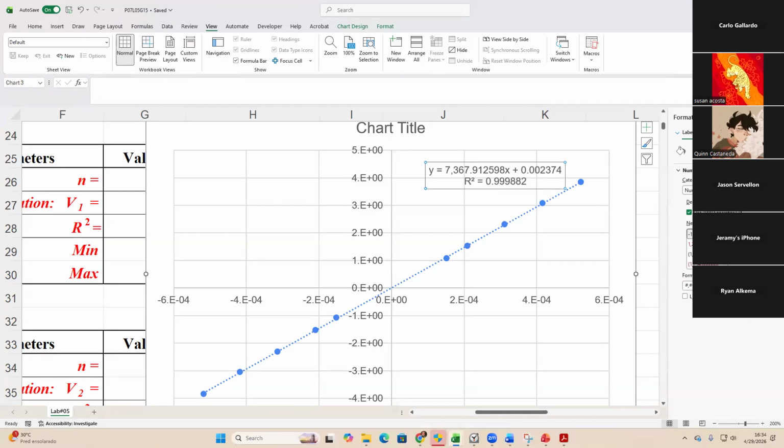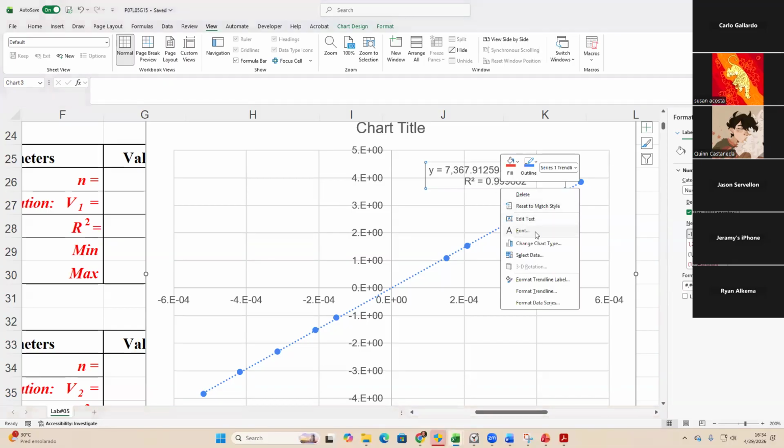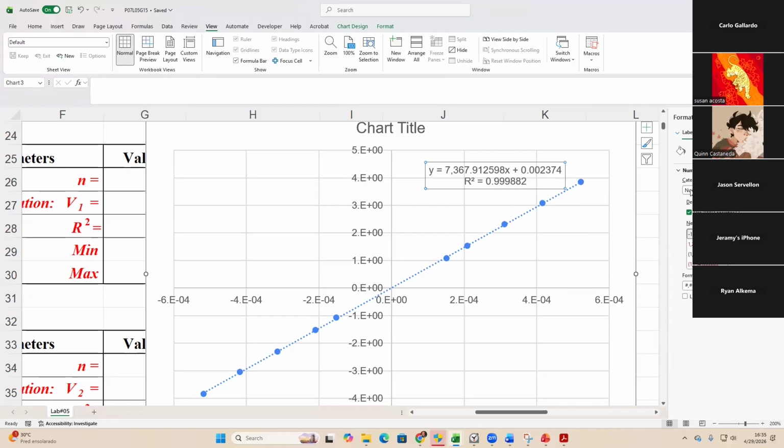You can do that for every graph: right click, format trend line label, and then under category, change to number and put as many decimal places as necessary to display a number that's not 1.